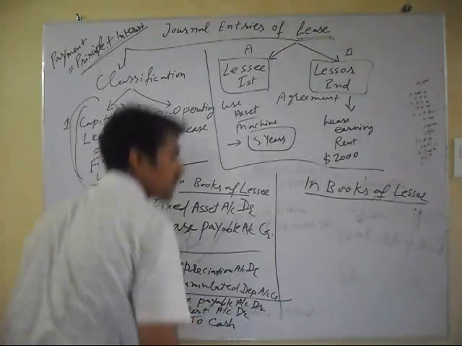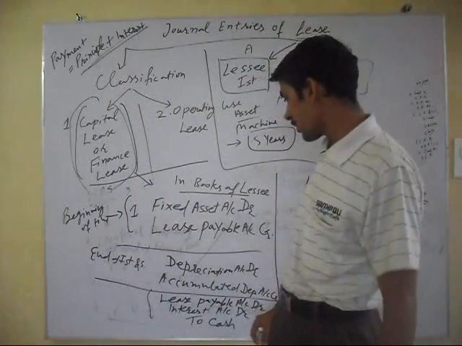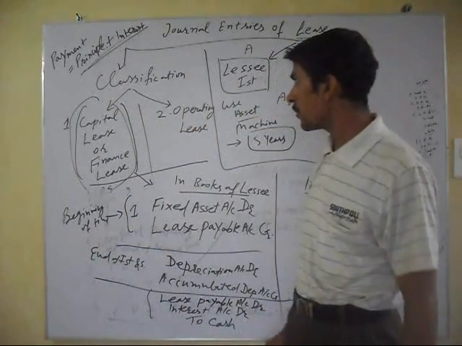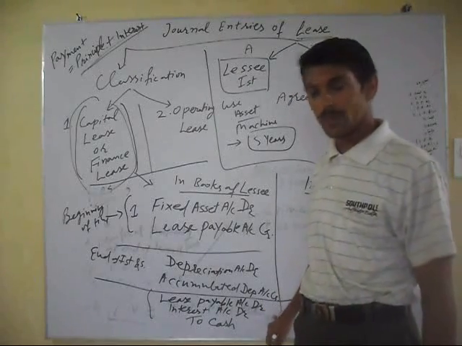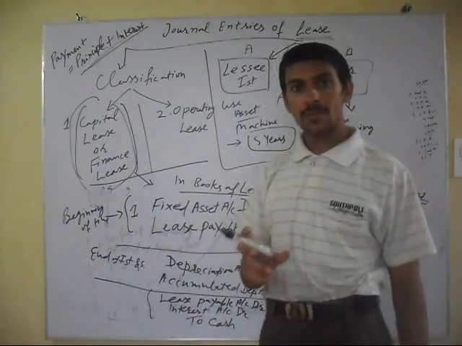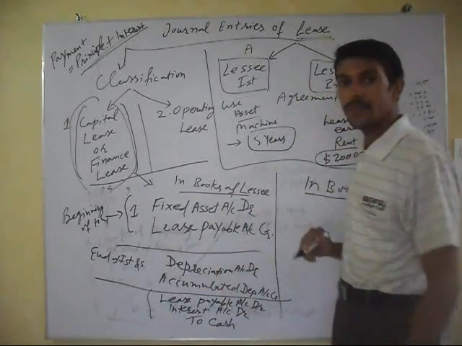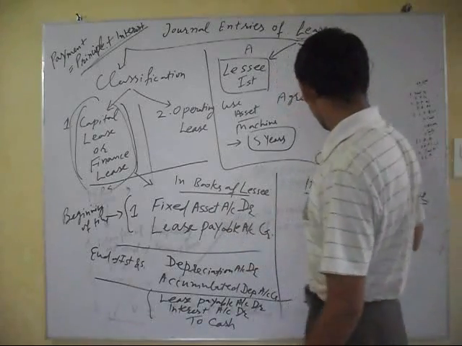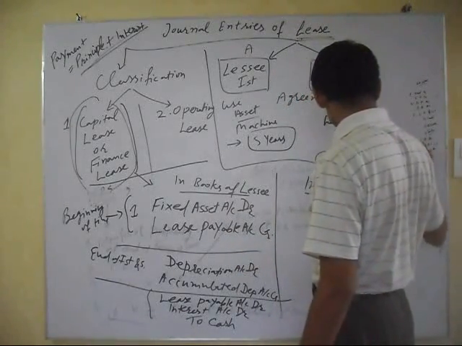At the end of the first year and subsequent years, we will pass the entry lease payable account, interest account, to cash account. In this amount, we show the principal amount and the interest, and the total first installment means first year payment. In this 2000, one part is principal and the next is interest.